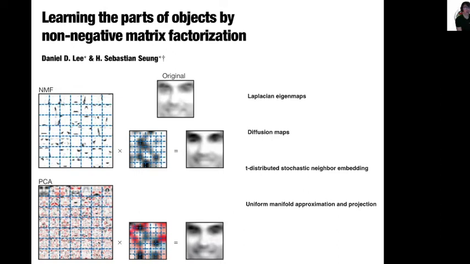But you also have many nonlinear approaches that are able to do the same thing, and which putatively should explain more variance than the linear ones. They have a kind of barbaric name. You have Laplacian eigenmaps, diffusion map, t-distributed stochastic neighbor embedding, and uniform manifold approximation and projection.